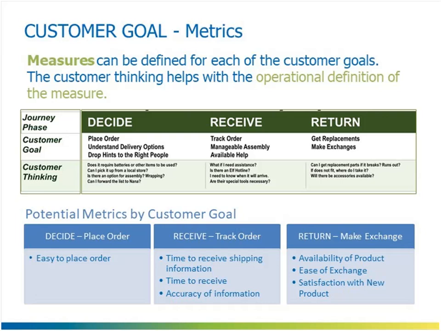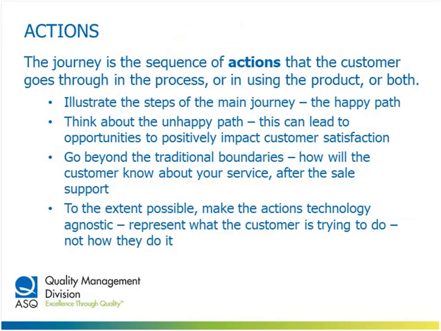Organizations have gotten really good about this. Time to receive, how long is it going to take me? And then the accuracy of the information. Did I get what I think I was ordering? Those types of things. Return, availability of product to make an exchange, ease of the exchange, satisfaction with new product. So again, it could be survey. There's a lot of metadata these days that we could track on this to make sure that we were really trying to meet the customer needs on these things.